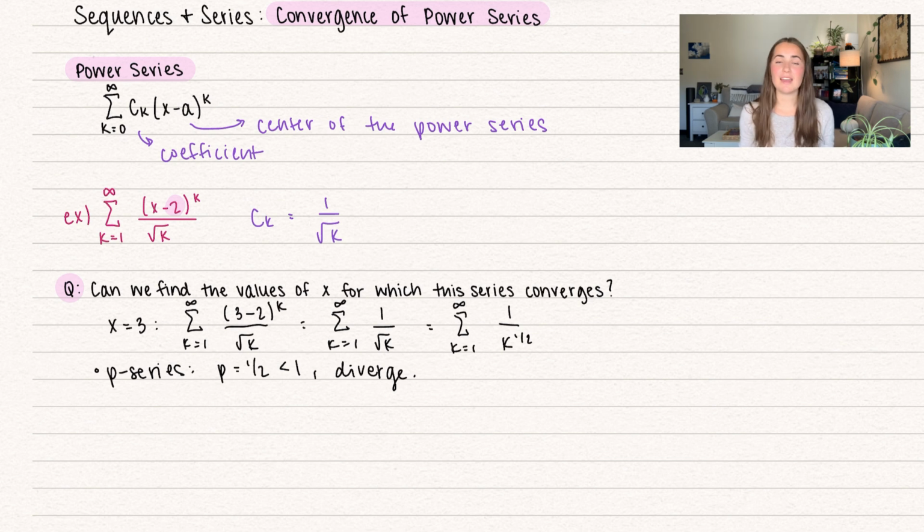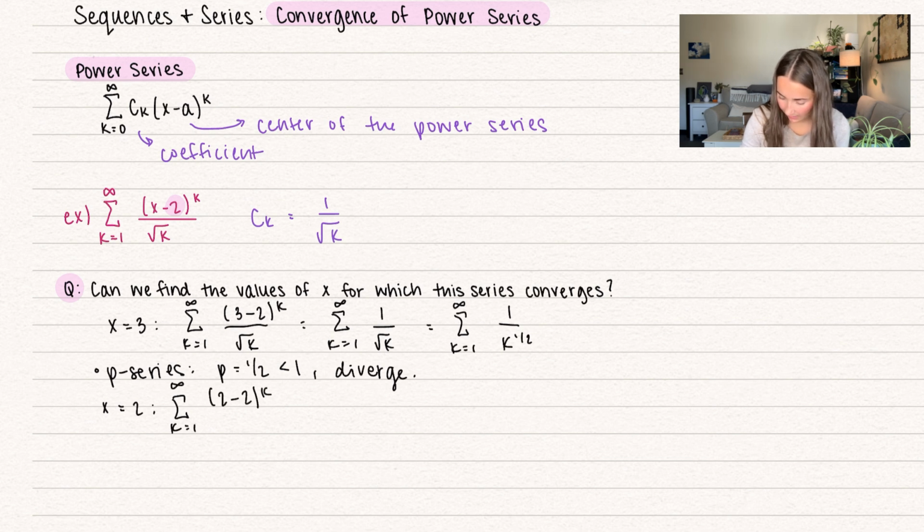So if we plug in x equal to 3, we can see our series is going to diverge. Let's try plugging in another value. Let's go a bit smaller. Let's plug in x equal to 2. Then we have the summation from k equals 1 to infinity of (2 minus 2) to the power of k divided by the square root of k. This might have been an obvious one to plug in because we have x minus 2 in the numerator, right?